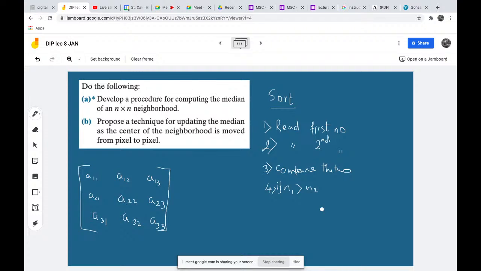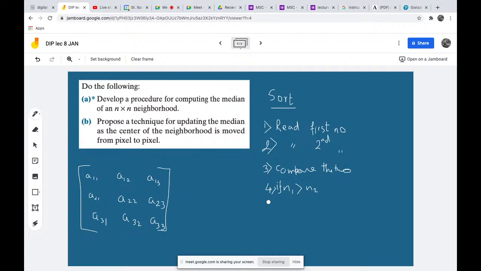Assign the value of n2 to n1? Yes, you swap the values basically. You switch the positions, but you cannot switch them just like that, because in computers, if you assign the value of n2 to n1, the n1 value is lost.